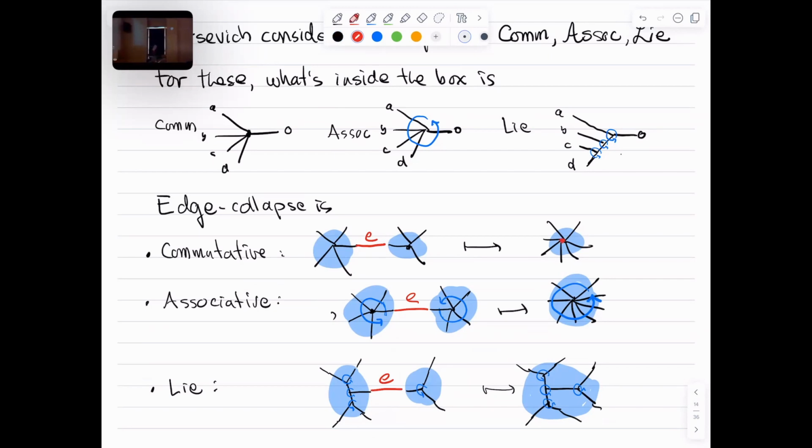That's fine. In the associative case, I want to choose the orientations to be coherent at the two vertices. So I might have to change the sign of the thing. And then when they're coherent, I can collapse the edge, and the cyclic ordering around this one and this one merge into the cyclic ordering around the whole thing.